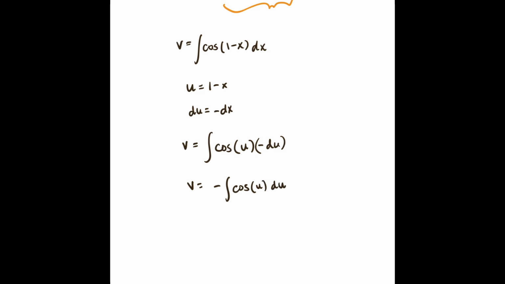The derivative of cosine is negative sine, so the integral is going to be positive sine.